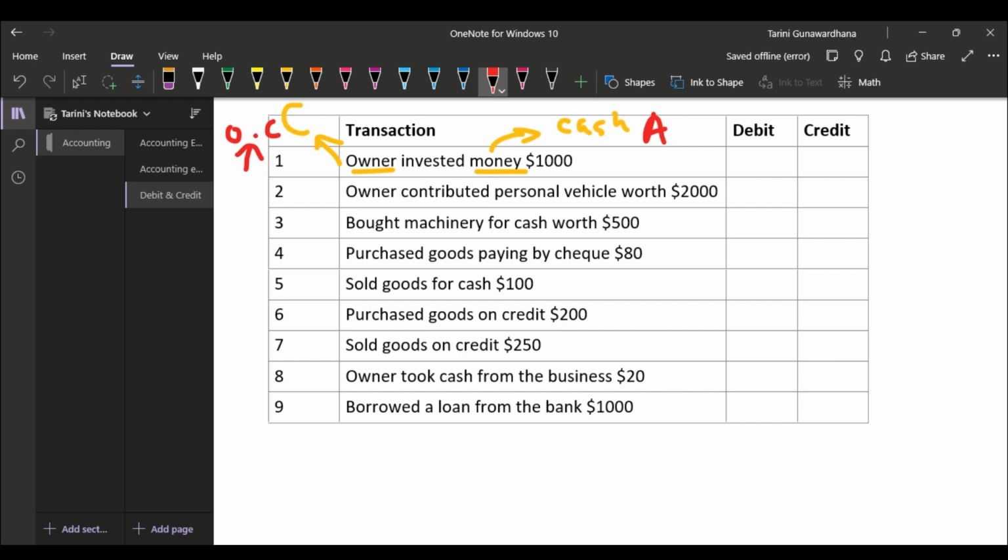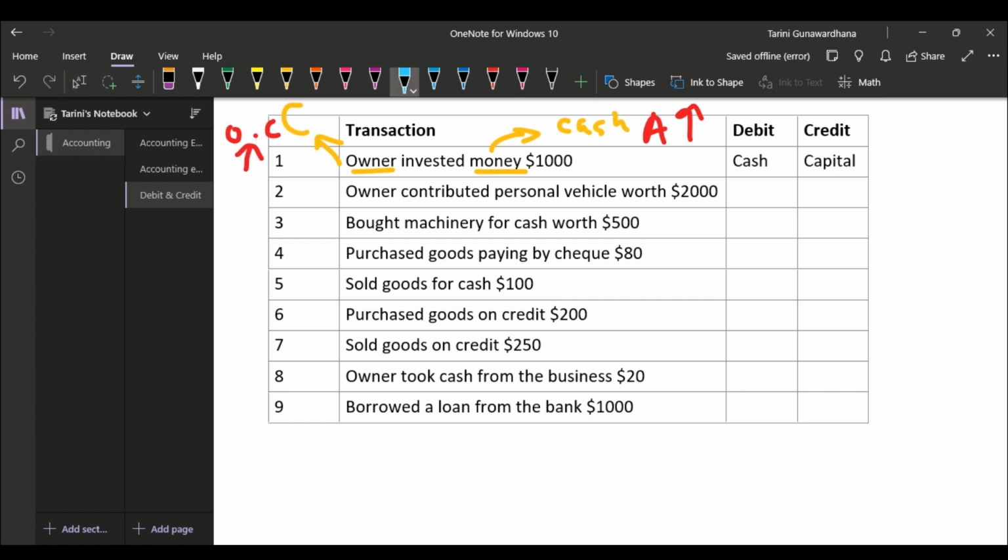And cash in the business also increases. So cash increasing is an asset increasing, so the account debited will be cash. Owner's contribution increasing, that's the other side of the equation, that is increasing. Then it's a credit. Owner's contribution, so let's say capital here.